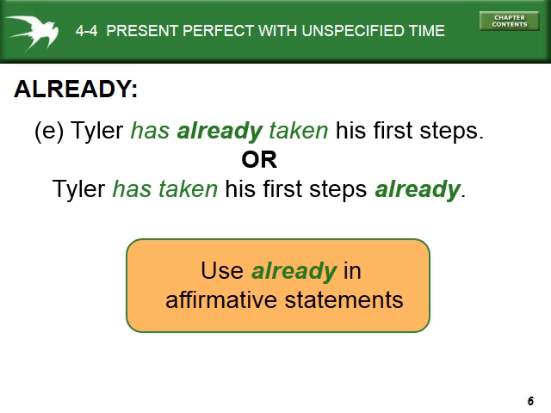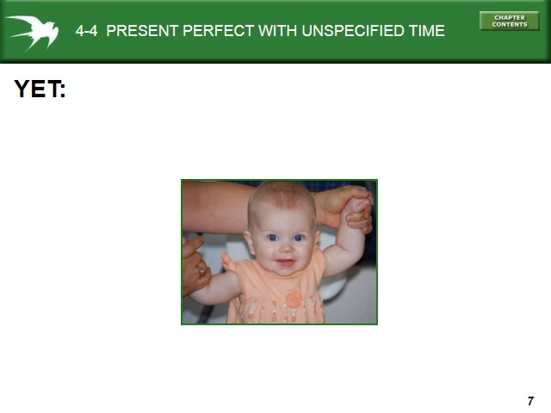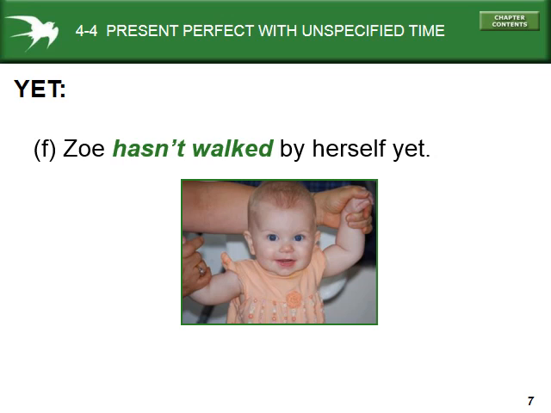The important thing about already is that already is used in affirmative statements. And so what we mean when we say the word affirmative statements is we mean that there is no negative in the sentence. So affirmative means it's opposite of negative. In contrast, we have yet. Now yet is basically the same meaning.